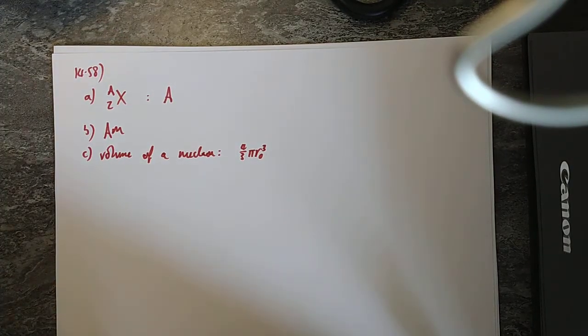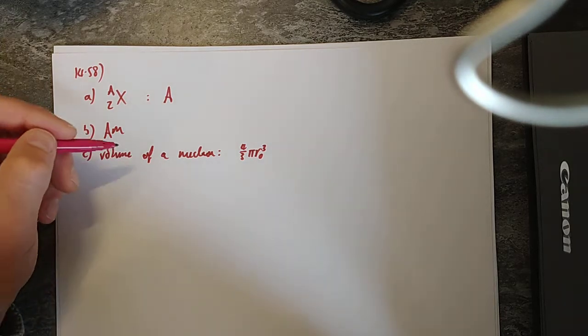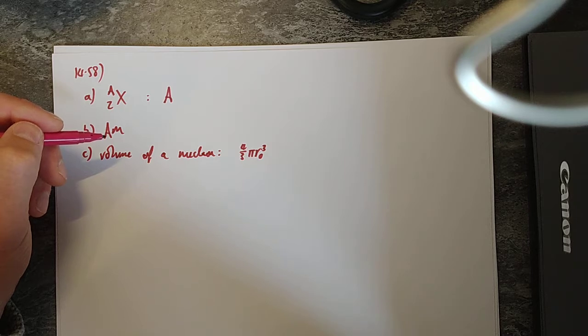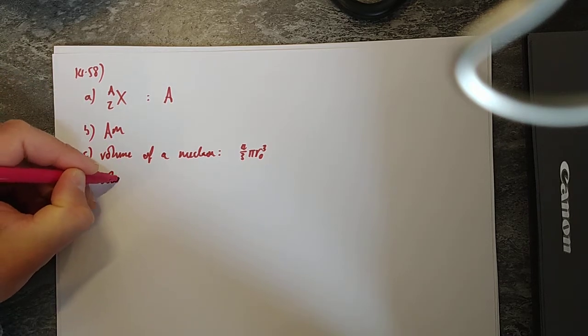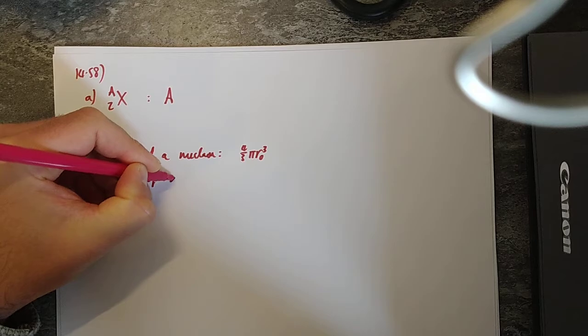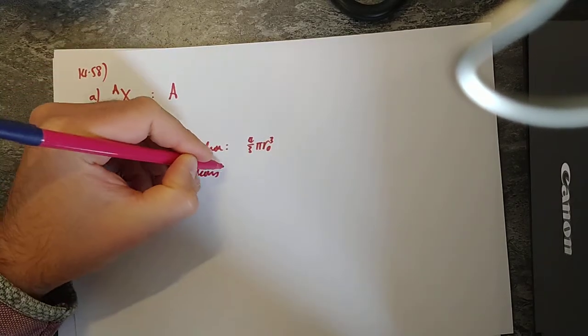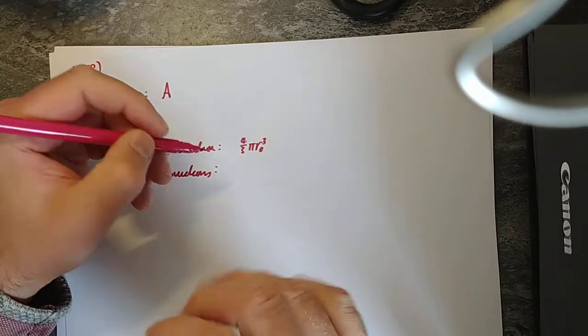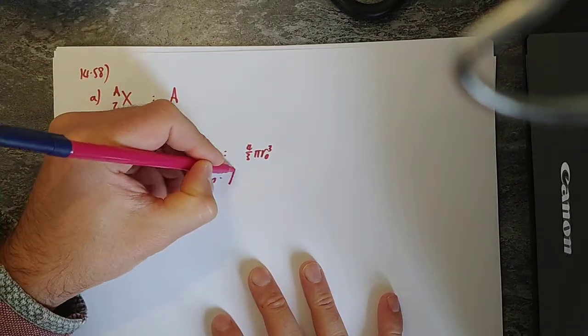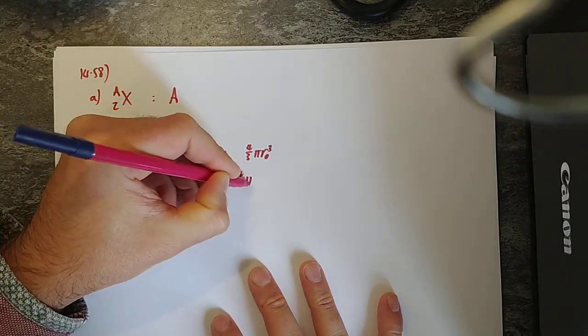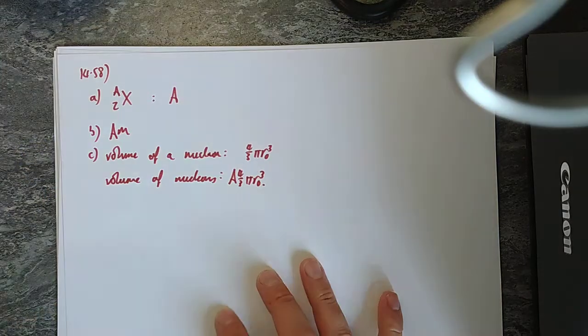The question asks what is the sum of the volumes of the separate nucleons, and there's a slight typo in the question there. So the volume of the nucleons is equal to the number of nucleons multiplied by the volume of each one, which is A 4/3 pi r0 cubed.